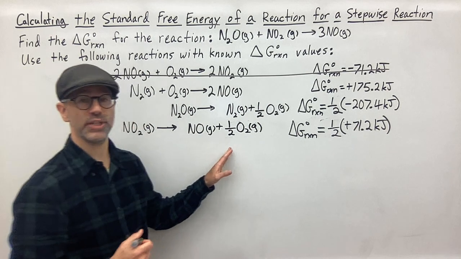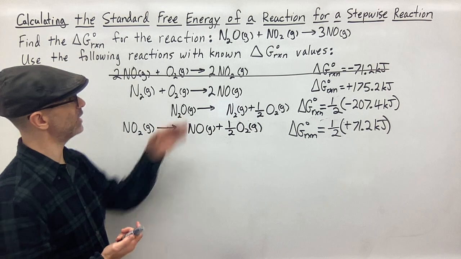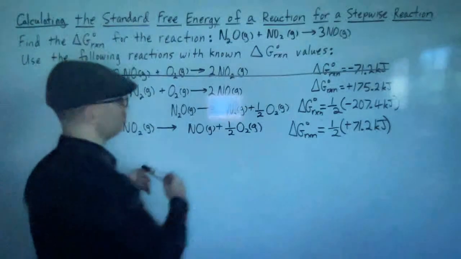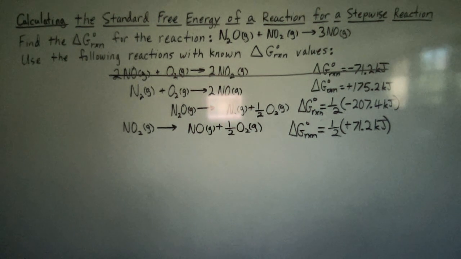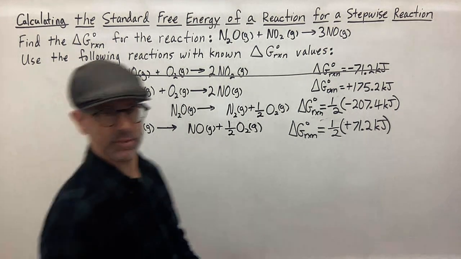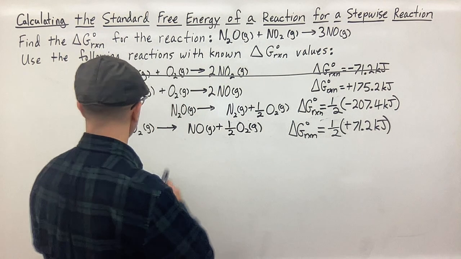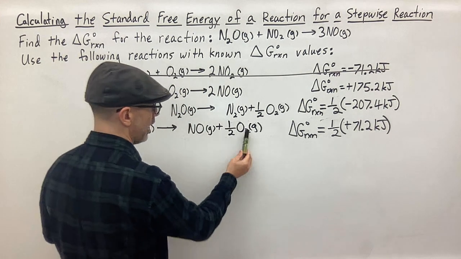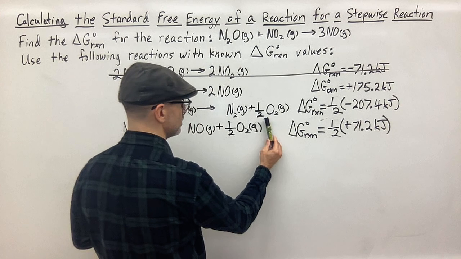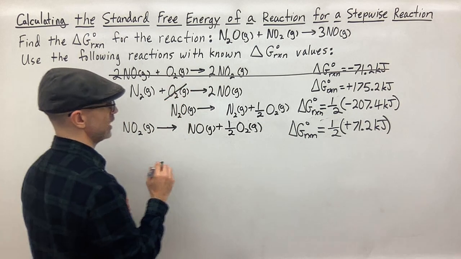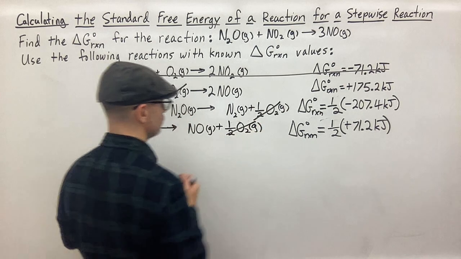Now, the other thing I need to double check is to make sure the other things I don't have in my target equation cancel out. I don't have oxygen. So I have 1/2 of oxygen and I have 1/2 of oxygen. The 2 halves make 1, so the oxygens cancel out.